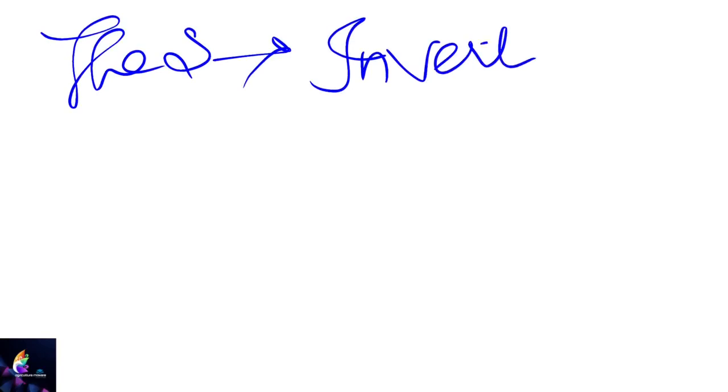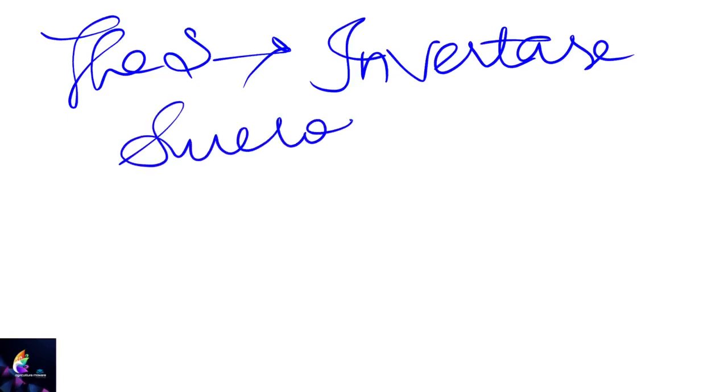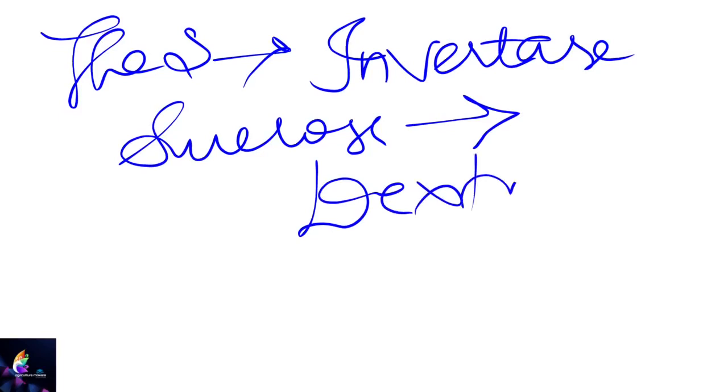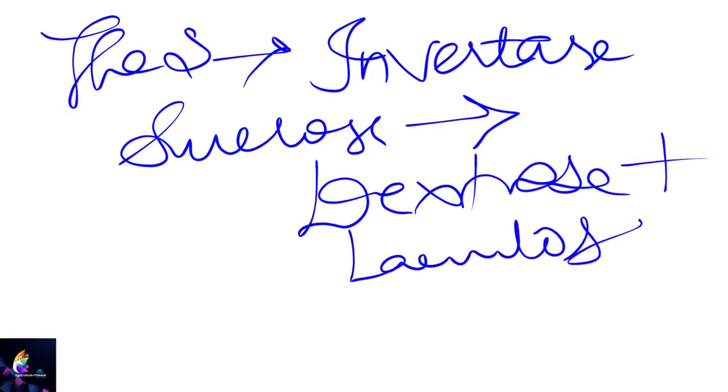And the salivary gland secretes an enzyme namely invertase. What it does is it converts the sucrose present in the nectar into dextrose and levulose. These two are the most important components of honey.